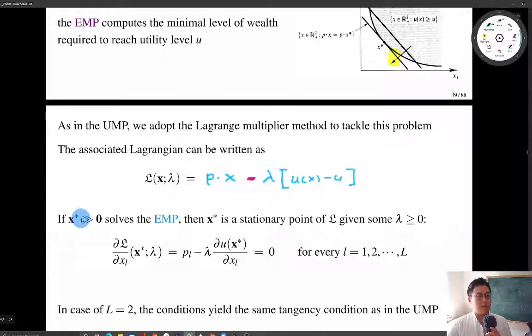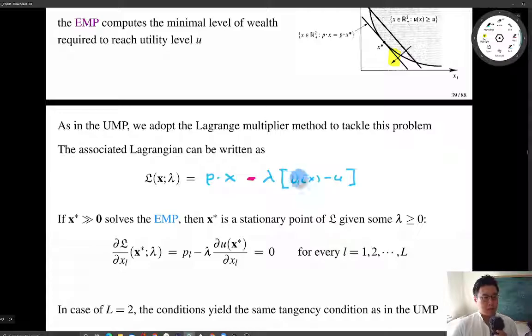So if we have an interior solution, so the demand for each commodity is strictly positive, then we have a solution. So suppose that we have a candidate for a solution for the EMP, right? Then this candidate must be a stationary point of this Lagrangian given some non-negative lambda, and plus we have a complementary slackness condition.